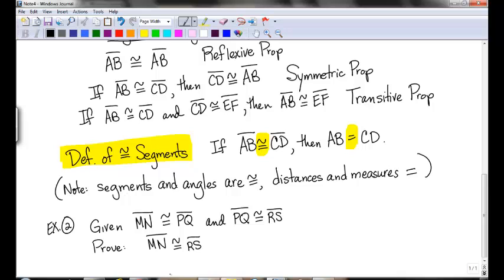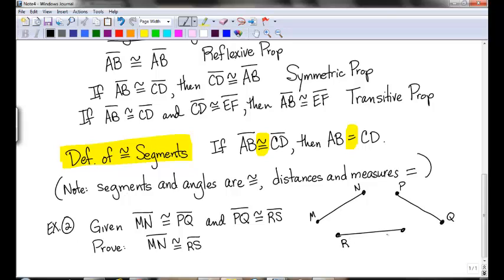Okay, now here's the picture that they give in the book. Label this as M, this is N. Same length over here. Try to draw out the same length. PQ. Okay, and over here, same length.